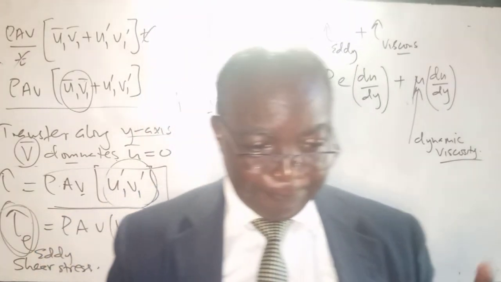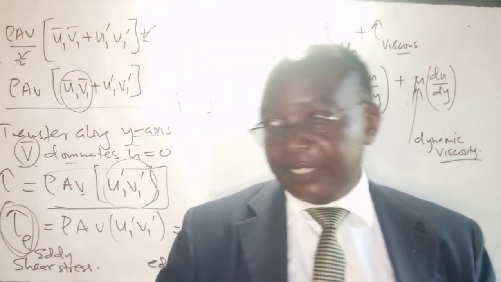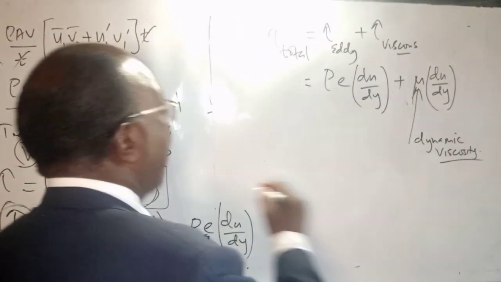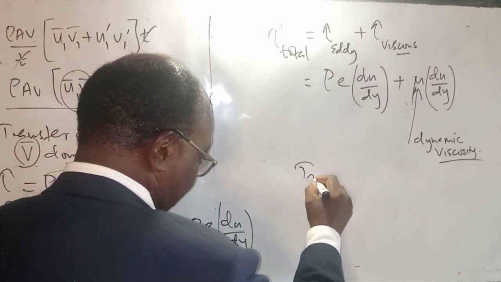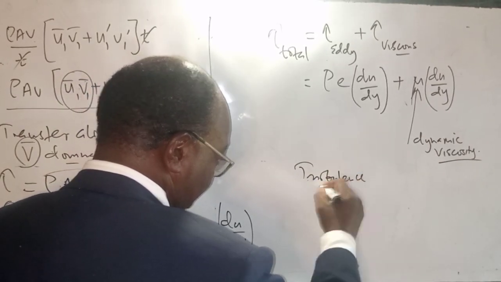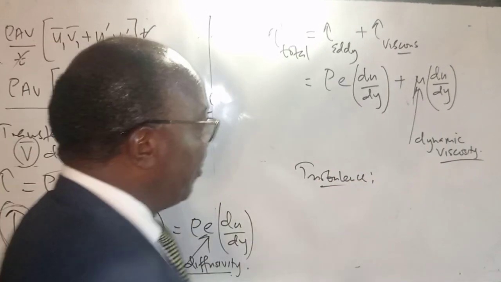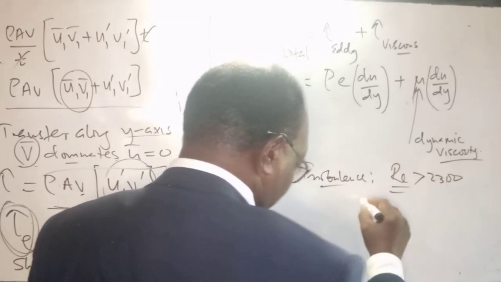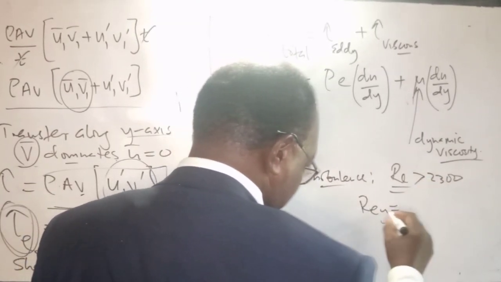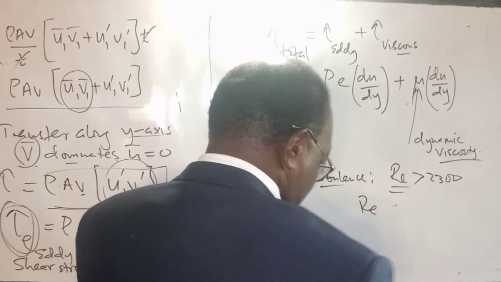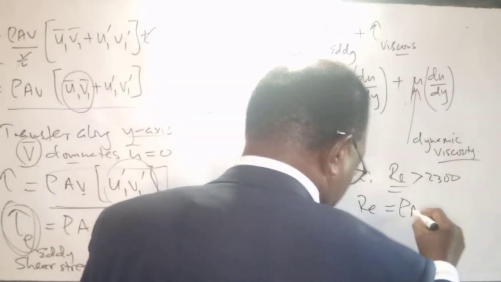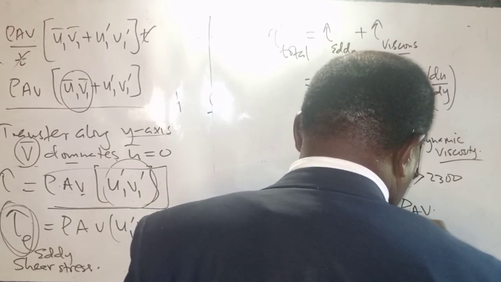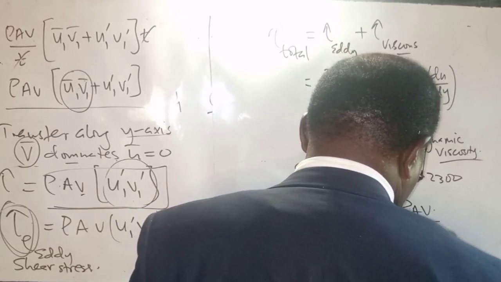We have said that turbulence normally starts at Reynolds numbers, just for your note, please go through our earlier lectures kindly. Turbulence starts at about Reynolds number greater than 2300. And what was Reynolds number? That was rho A v over mu.